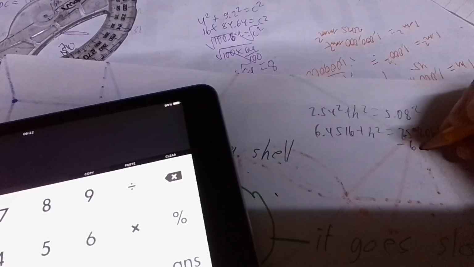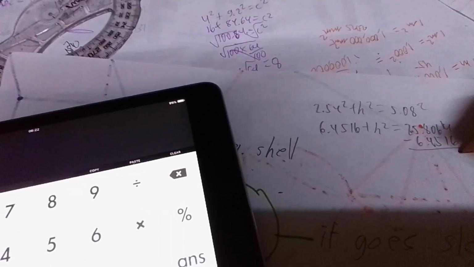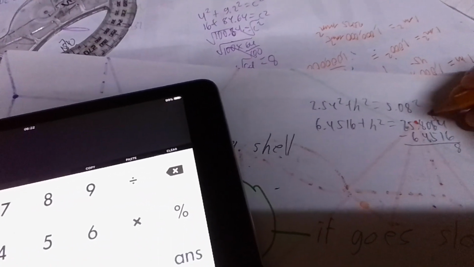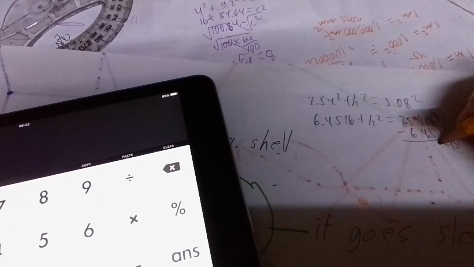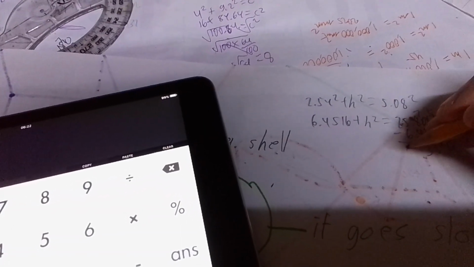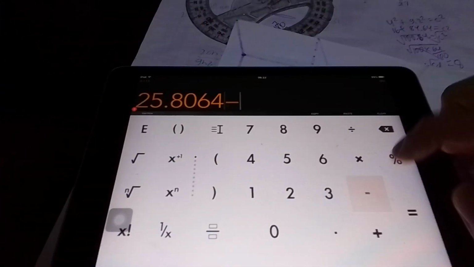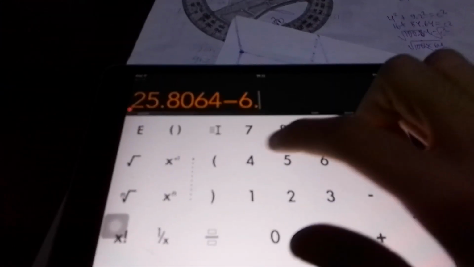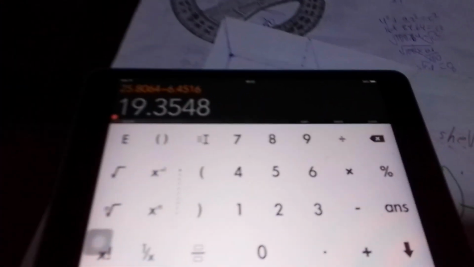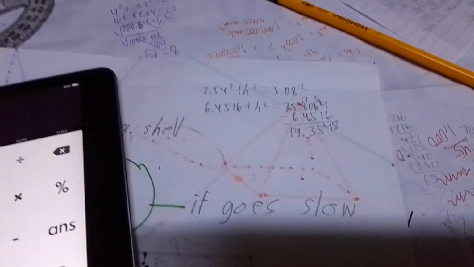And then we subtract both sides by this number. So therefore, we should get 19.3548. Did we get that? Yes, we should get 19.3548.